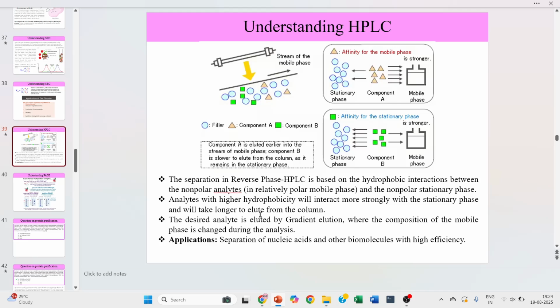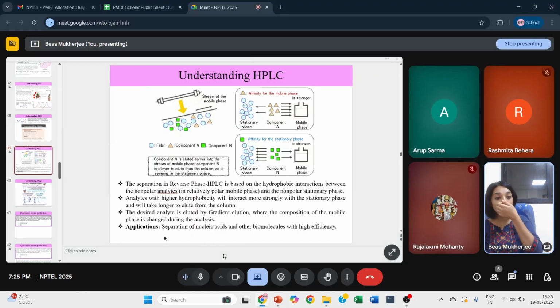So the desired analytes, so see, analytes with higher hydrophobicity will interact more strongly with the stationary phase and will take longer time to elute from the column. So that means that HPLC is separating the components based on their binding property with the resin.